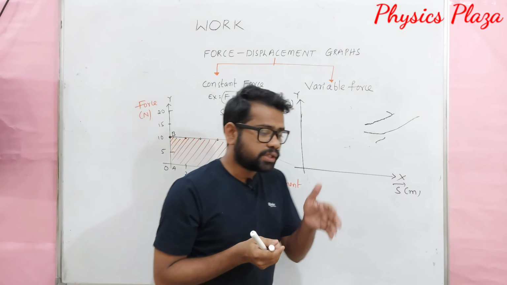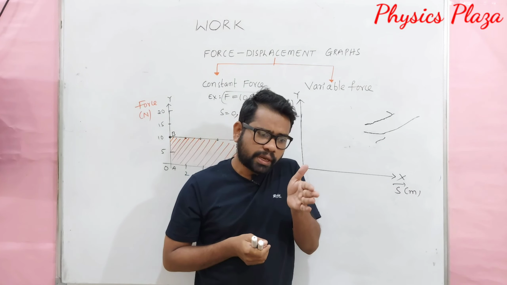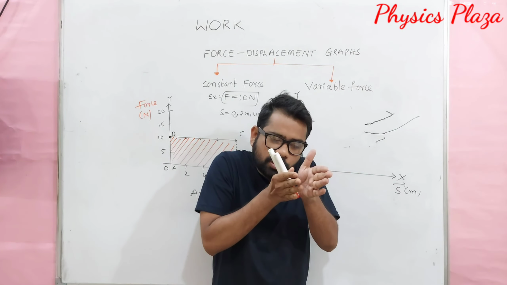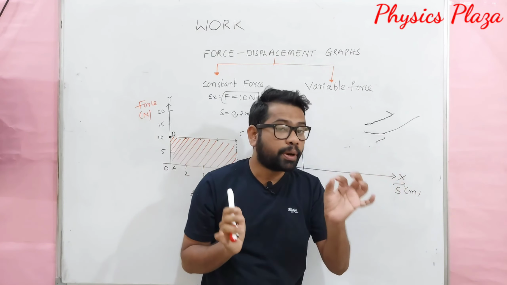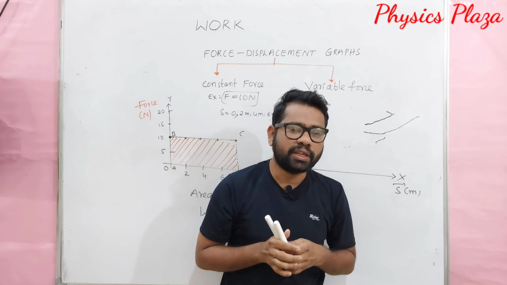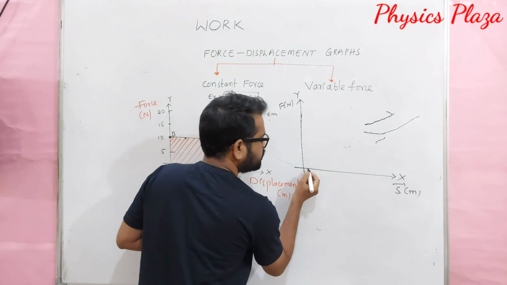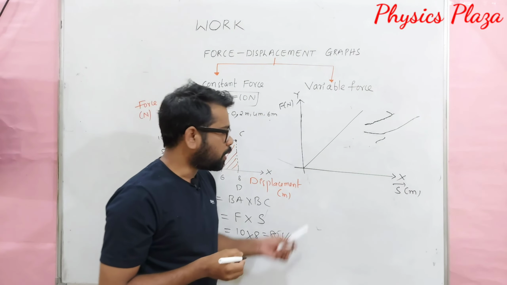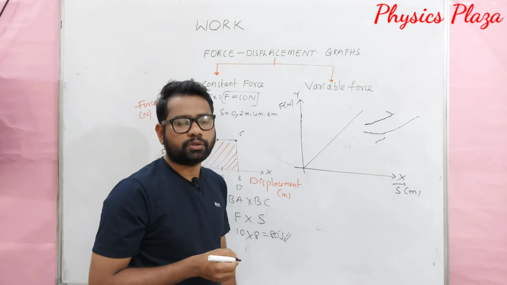As I told you, the situation where the force acting on the body is continuously increasing, at the same time the displacement also increases proportionally. I am saying proportionally. Then we will get a straight line passing through the origin.